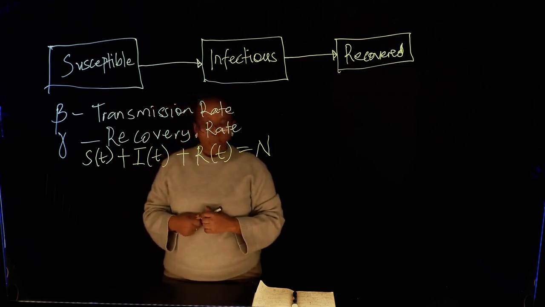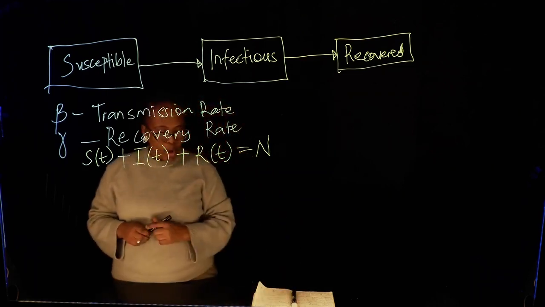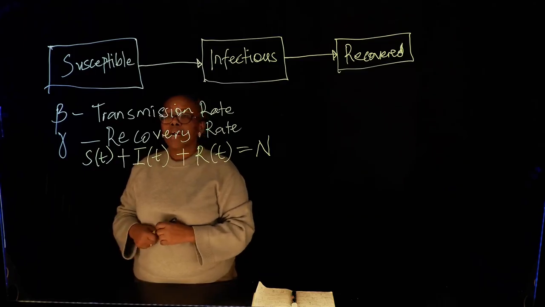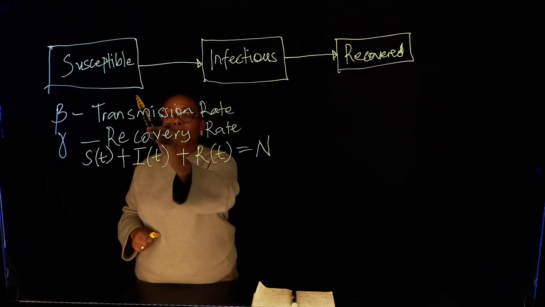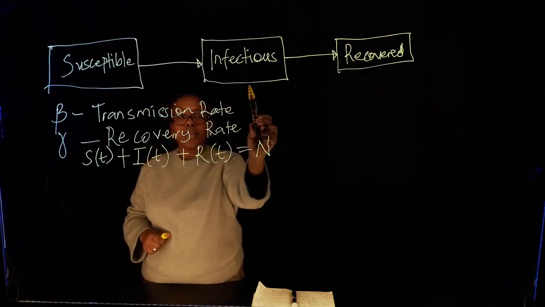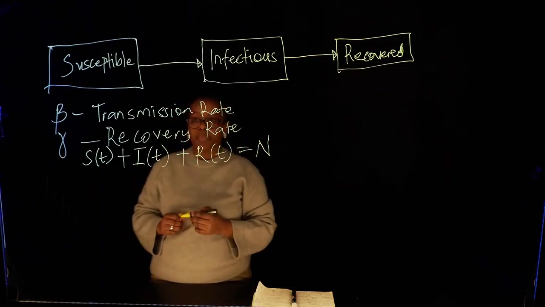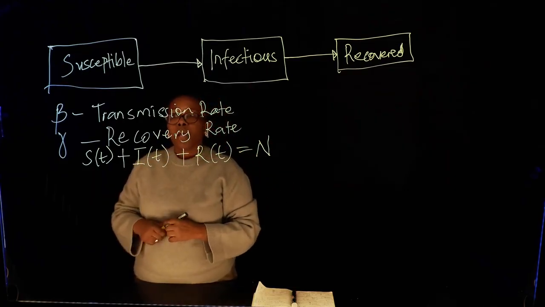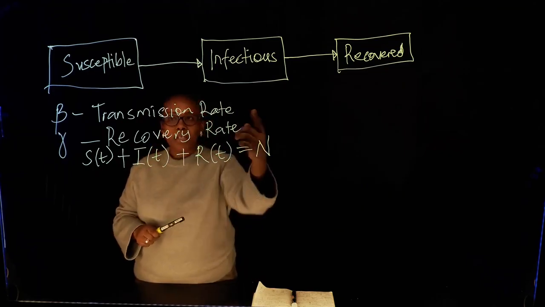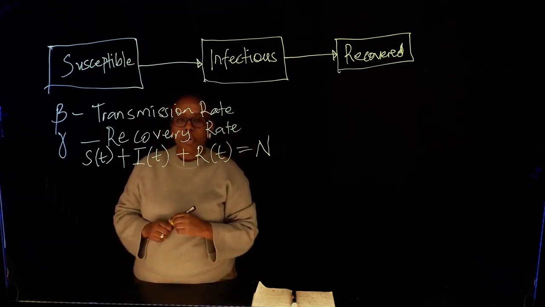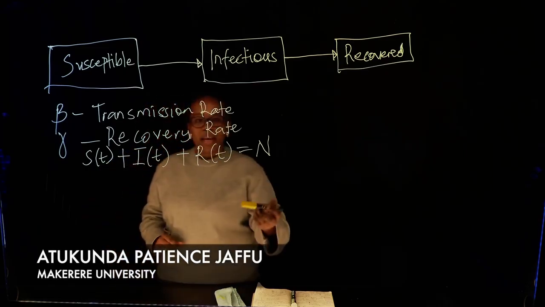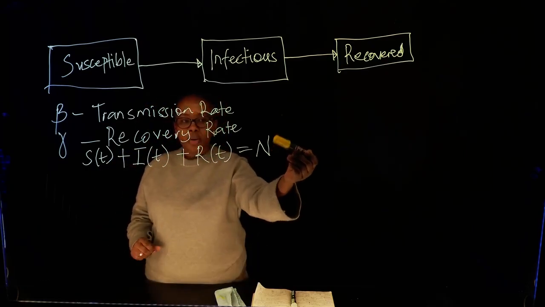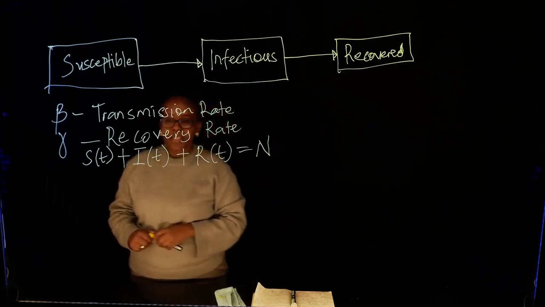Next, for someone to move from one compartment to the other, for example, the susceptible moving from their compartment to the infectious compartment, there will be one infected person that will infect the susceptible out of the total population. Remember we said the total population is constant in the assumptions we already stated.